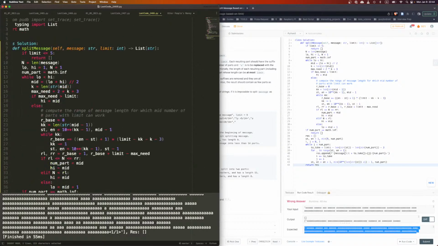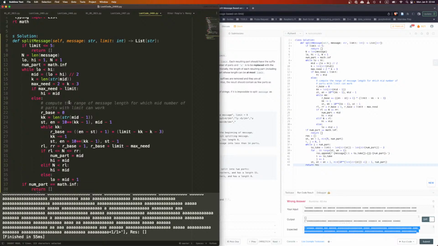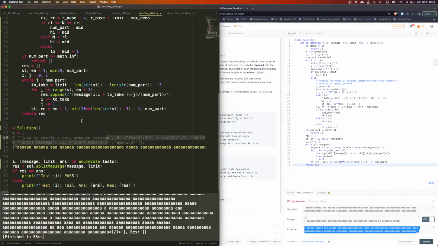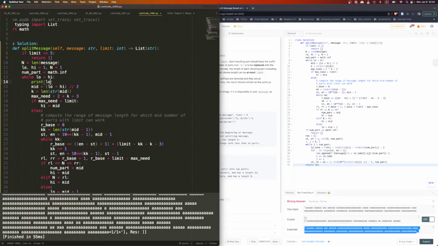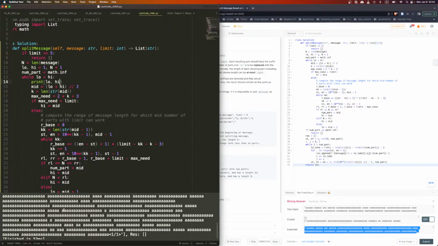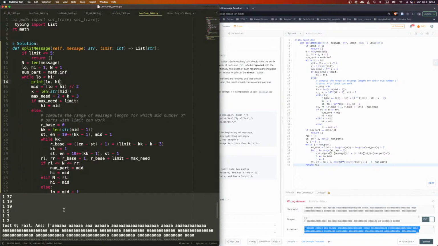Interesting. I think it's because I never get, hold on, n equals something, and then I never get down to 1. Let's see. Let's print low and high. So we have 1 and 2.